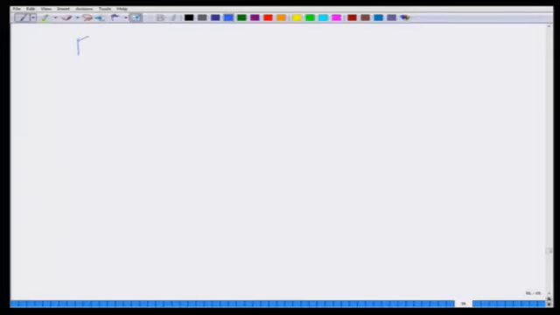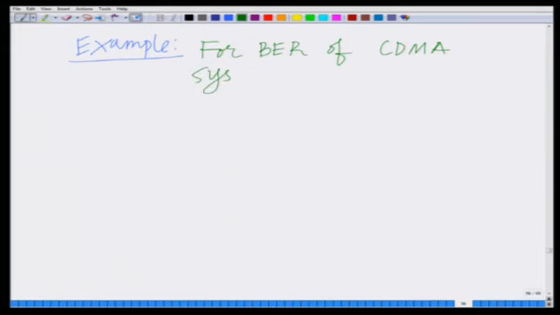So, let us look at a simple example to understand. This simple example is for the bit error rate of the CDMA system.